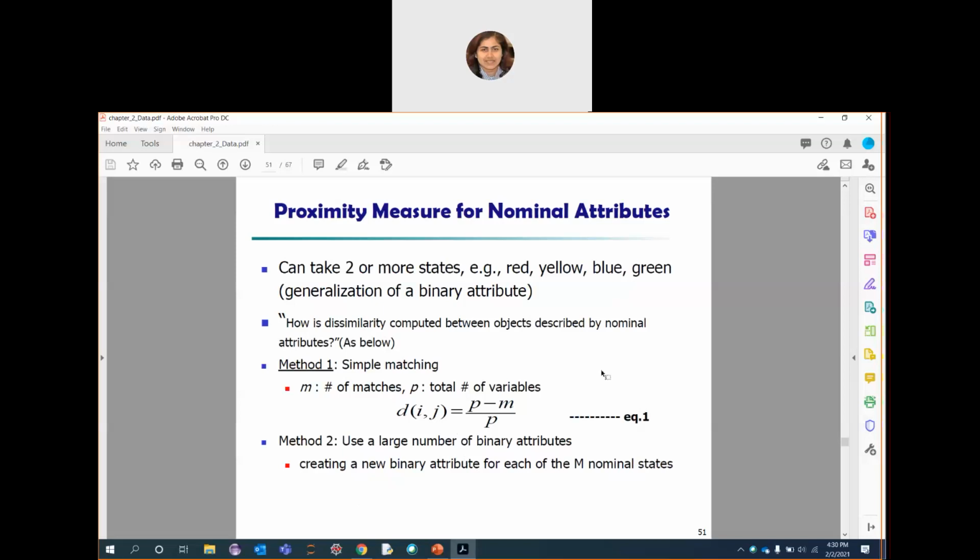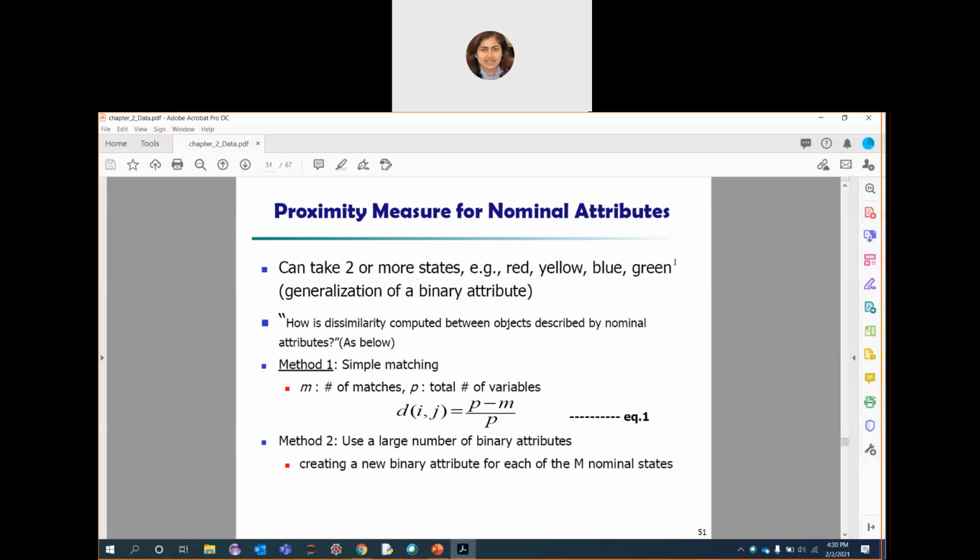How do you find the distance? What is a nominal attribute? It can take two or more states, correct? Let's say you have a nominal attribute as map color. The map color can have different values like red, yellow, blue, green, like this.